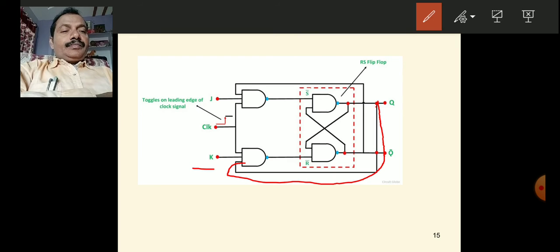Hence the output is connected to R bar. Next, similarly the Q bar is fed back here, and the J input is there. So the output of this NAND gate is connected to S bar. So this is the JK flip flop.